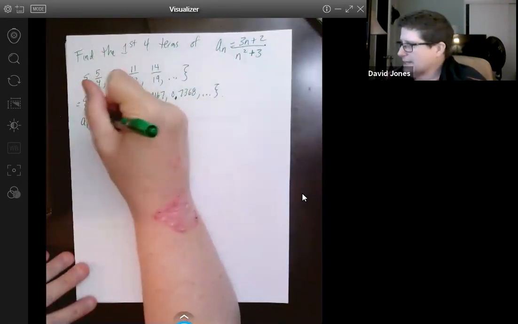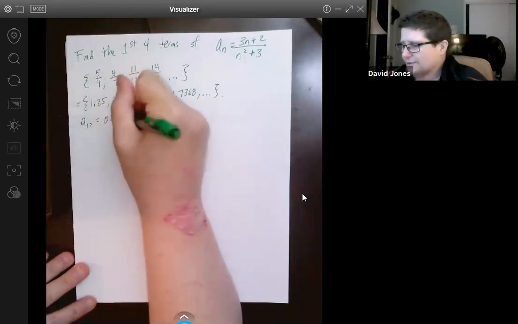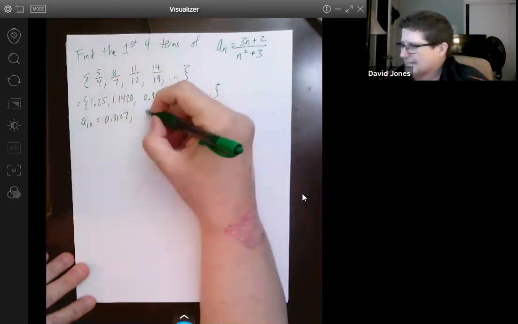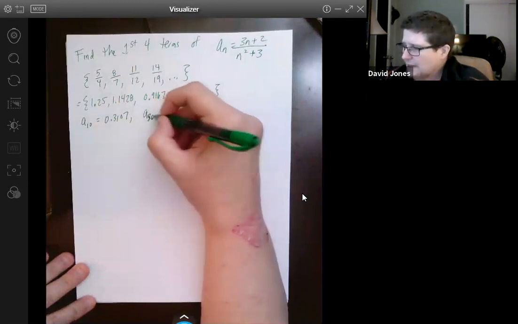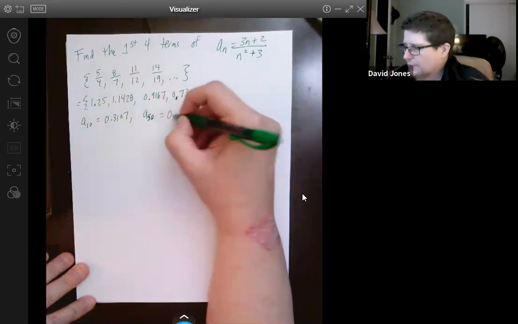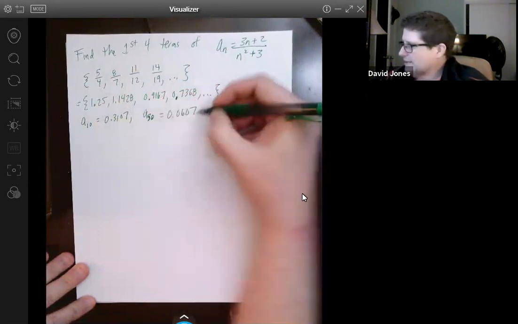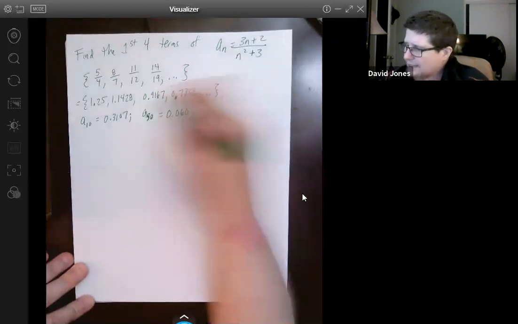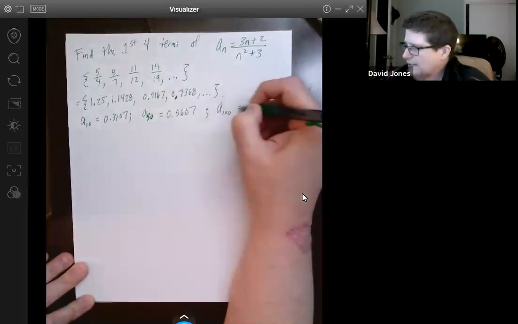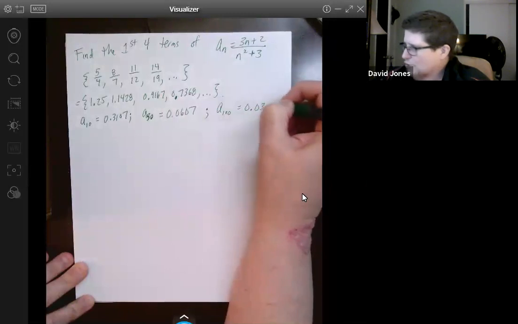In this one, a sub 10 is 0.3107. A sub 50 is 0.0607. And a sub 100 is 0.0302.